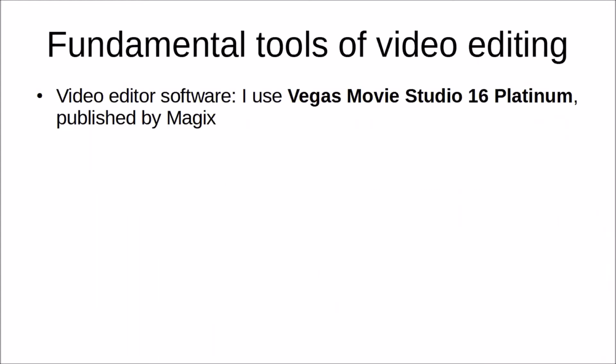But mostly what I've been doing since I bought this version is producing videos that are just used as videos on their own, either on YouTube or like the announcement video that I showed you for my computer user group, or for that matter, as a Zoom background. I've produced several of those. That's all possible with Vegas.